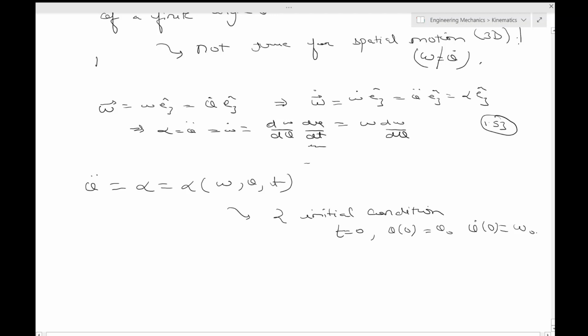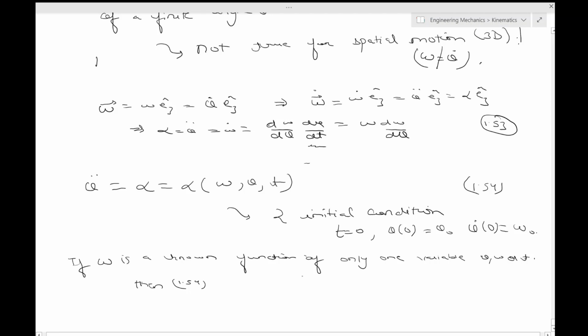And again, if alpha is a known function of only one variable, like theta, omega or t, then 1.54 can be integrated by separation of variables.